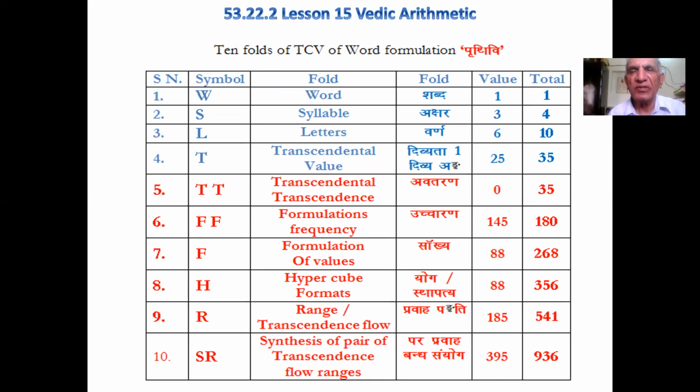These are called Shabd, word, then Akshar, syllable, Varn, letter, then Divita, Divyank, which is transcendental value, then Avtaran, which is transcendental transcendence, then Ucharan, which is the formulation frequency, then Sankhya, the formulations of values, then Yoga Sthapatya, the hypercube formats, then Pravaha Padati, the transcendence flow range, and then Parvaha Bandh, Sanyog, the synthesis of a pair of transcendence flow ranges.